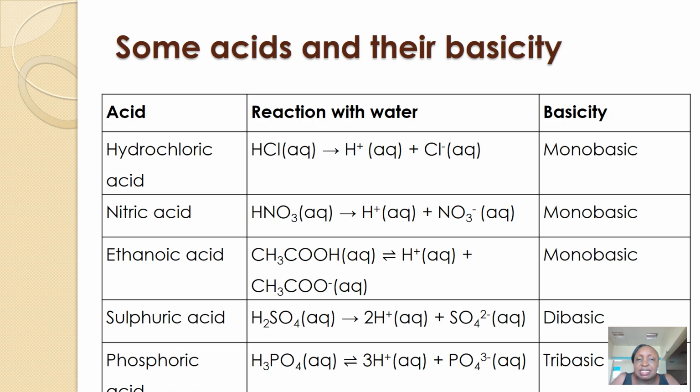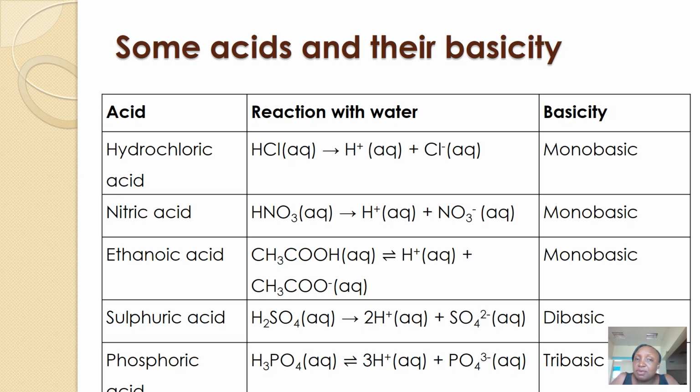Nitric acid is also monobasic because it ionizes to give you 1 mole of hydrogen ions and nitrate ions, and we also say it is monobasic. Then we have ethanoic acid, which ionizes to give you hydrogen ions and the ethanoate radical, and we also say it is monobasic because it gives us 1 mole of hydrogen ions.